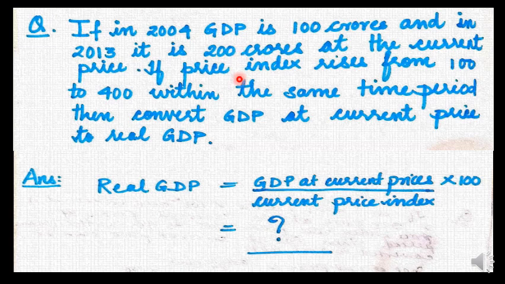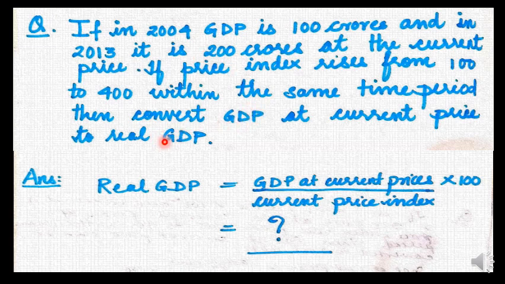Now the price index rises from 100 to 400, with base 2004 price index for the base year 100, and current year index 400, that is for 2013. We have to convert the nominal GDP of 2013 to real GDP of that year.